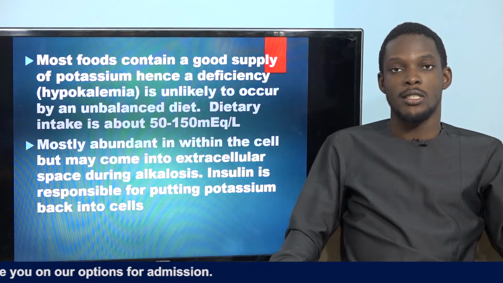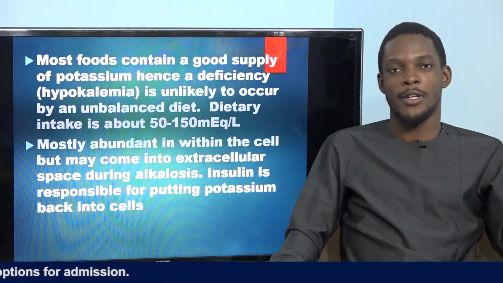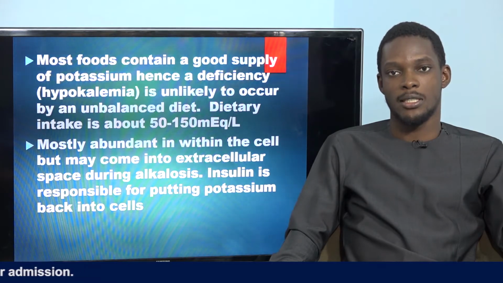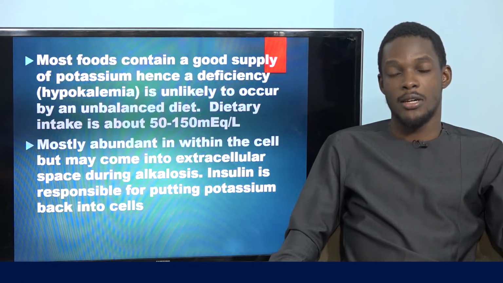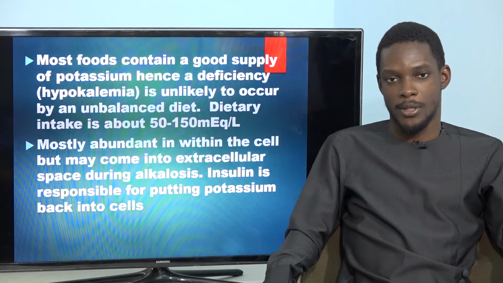Most foods we eat contain potassium. Hence, hypokalemia is highly unlikely from poor dietary intake. However, a person can get hypokalemia as a result of an unbalanced diet in rare instances. Dietary intake on a daily basis contains about 50 to 150 milliequivalents of potassium, and that is why dietary intake cannot necessitate hypokalemia.